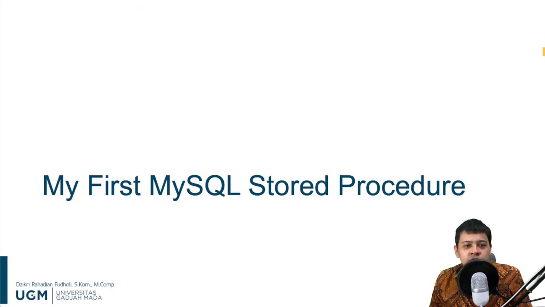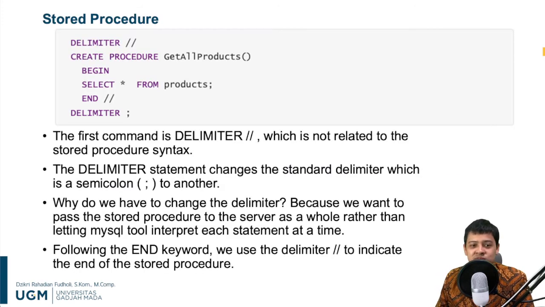So for the examples, this is my first MySQL stored procedure. Stored procedures are done like this. The first command is delimiter, so this is the syntax over here. The first command is delimiter and then //, which is not related to the stored procedure syntax.